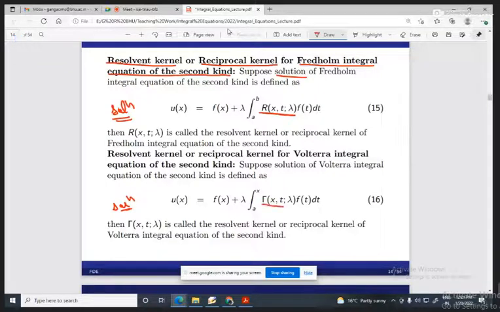Then this kernel is called the resolvent kernel or reciprocal kernel for the Volterra integral equation of second kind. Is it clear? Yes, sir. Okay.